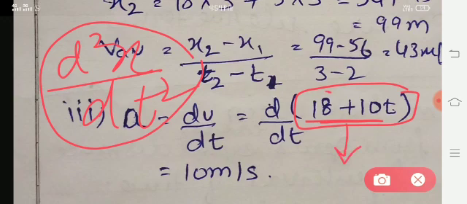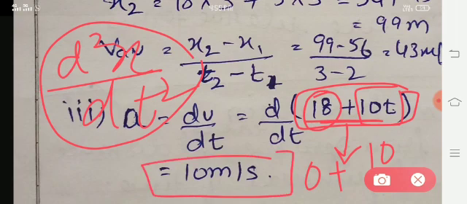You all know that the derivative of a constant value is 0. Now when we add both, this term results in the value 10. So the net value of acceleration comes out to be 10 meter per second square. Here this 2 was missing, so kindly note it down in your notes. So the value of this acceleration will come out to be 10 meter per second square.